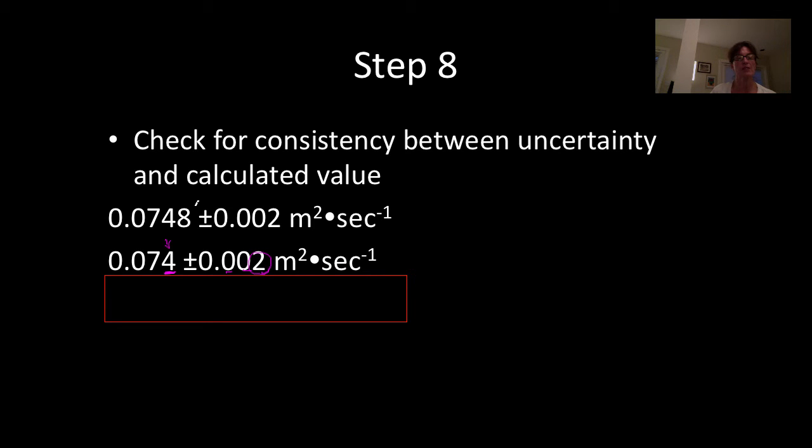Since I rounded off an 8, I need to go ahead and round this number up to 0.075 plus or minus 0.002 meters squared per second to the negative 1.